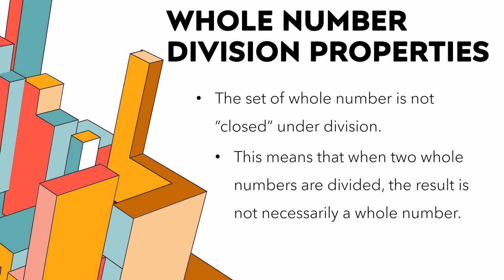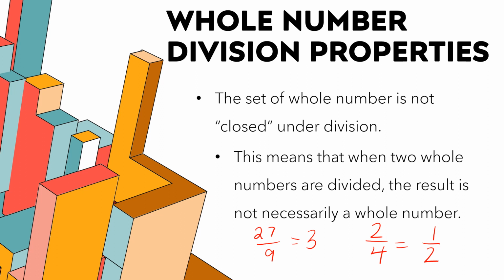Something like 27 divided by 9, both whole numbers, gives a whole number. But this doesn't always happen. For example, 2 divided by 4 is 1/2, which is not a whole number.